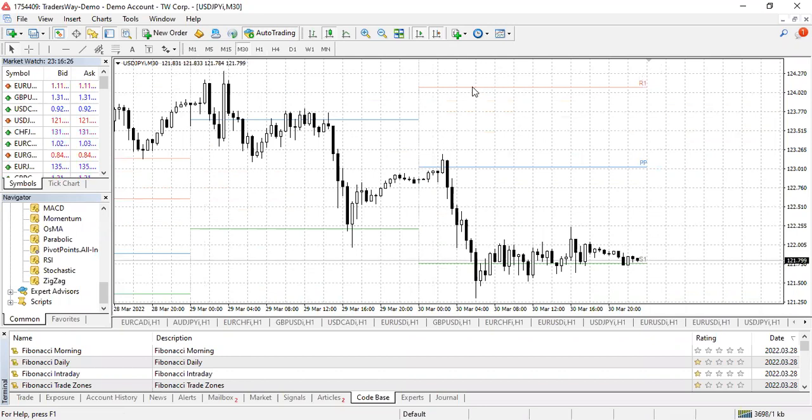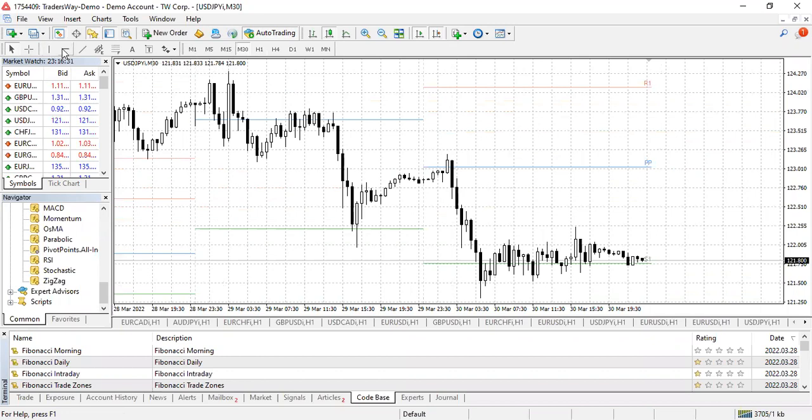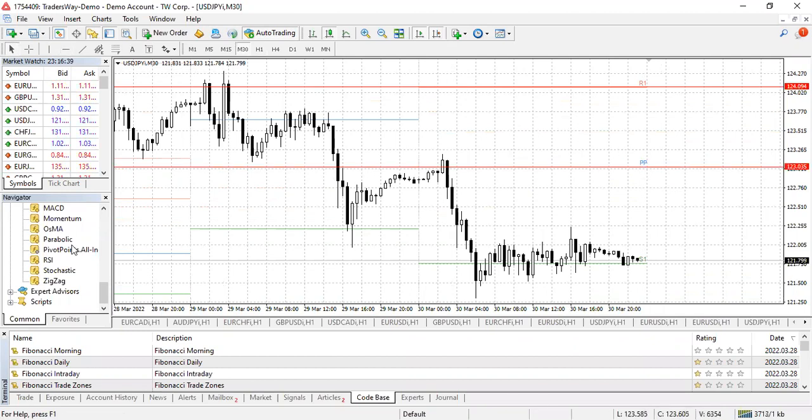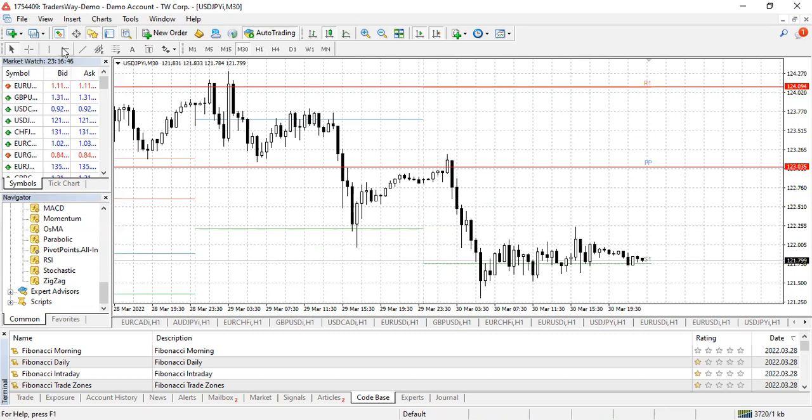This is our resistance level. Let me use my horizontal line to support it. So this is our pivot point level, and this is our S1 level.